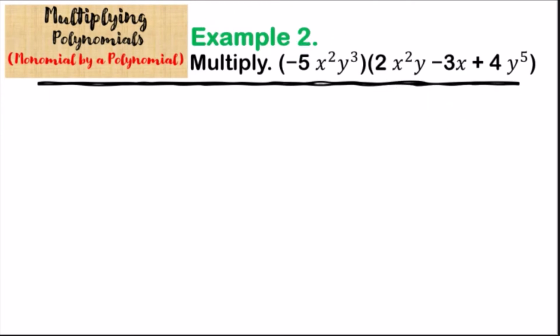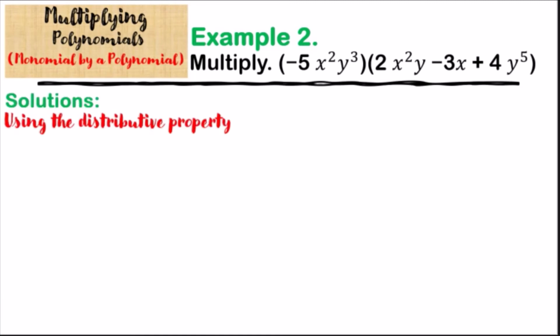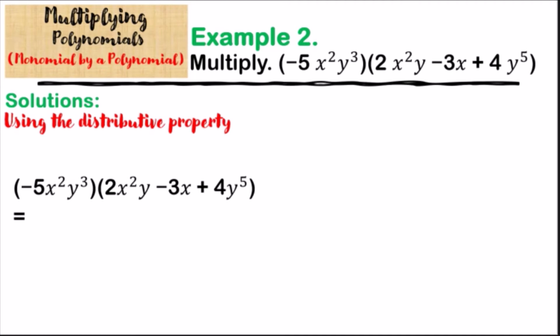Let's have another example. Multiply the quantity of negative 5x raised to 2 y raised to 3 times the quantity of 2x raised to 2y minus 3x plus 4y raised to the 5th power. We're gonna use the distributive property in solving that problem. In using the distributive property, just simply distribute the monomial to each term of the polynomial. That is, multiply the monomial to the first term of the polynomial.